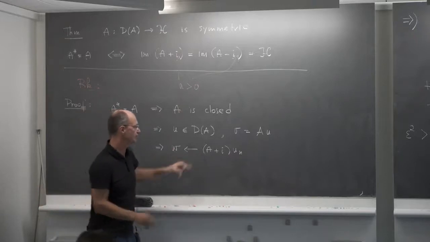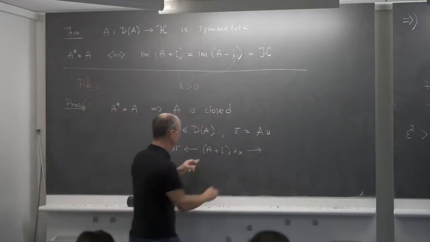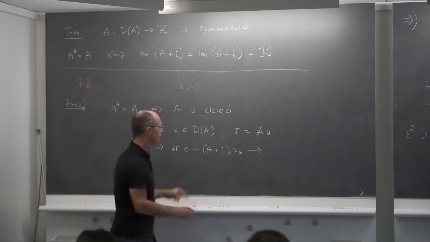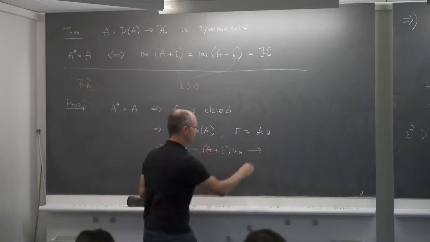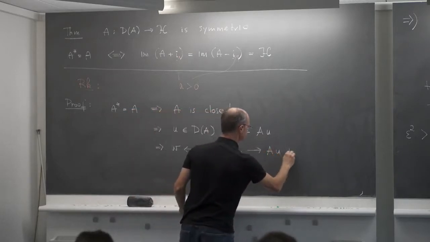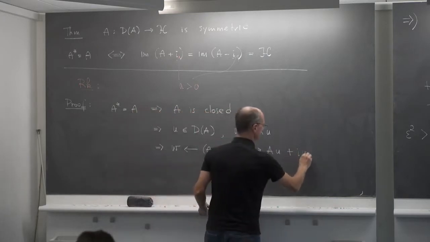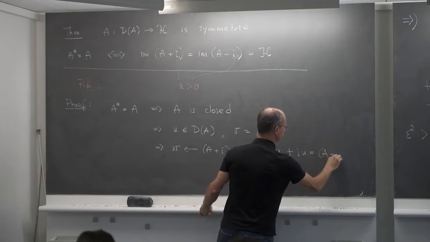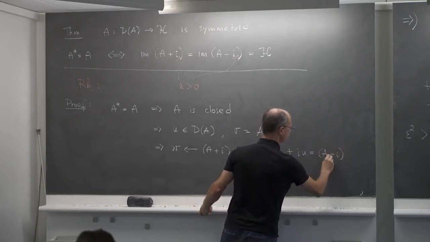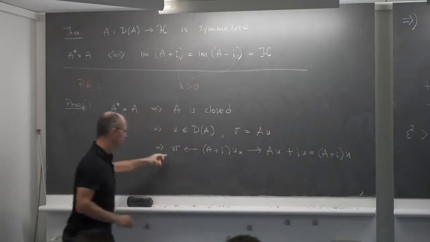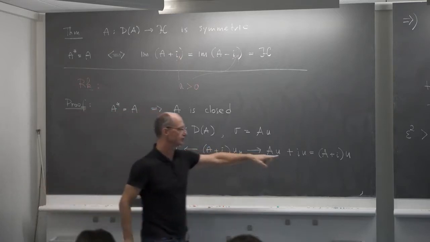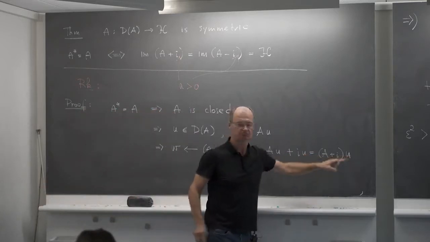But now we can compute this limit. The limit of AUN is equal to V, which is AU, and the limit of UNs is U. So this limit W is actually equal to (A plus I)U.